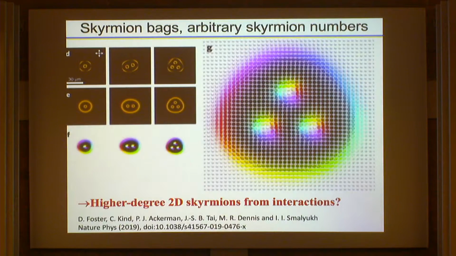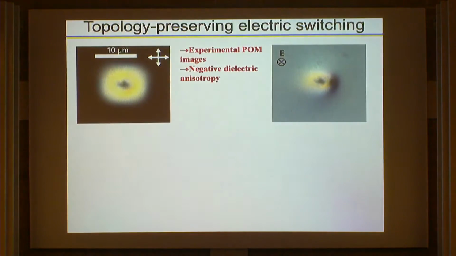With this approach, one can get any integer as the topological degree for such two-dimensional Skyrmionic structures. But the question is also whether it would be possible to obtain such configurations with higher degrees through the interactions between elementary Skyrmions. Because this is exactly what happens in high energy physics, right?